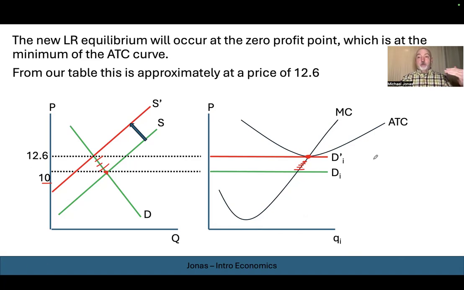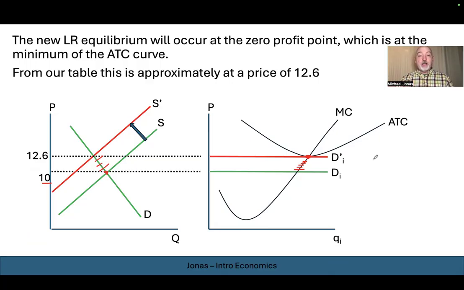So that's going to be the firm's new perfectly elastic demand at that higher price. And we can approximate here, if you go back and look at the table, the average total cost bottoms out at about a value of 12.6. But as long as you can show it on the graph and kind of approximate it, that's where the market and the firm are going to end up.